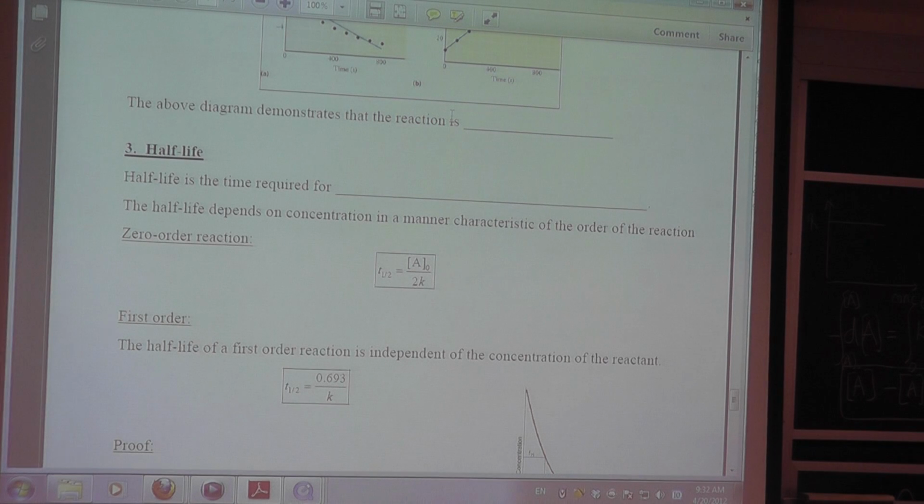This is the basis for being able to do carbon-14 dating, because it takes the same amount of time for the material to become half its original value, irrespective of the initial amount of the material. But that's true only for a first order process. It's not true for a zeroth order process. It's not true for a second order process. And you can prove that.